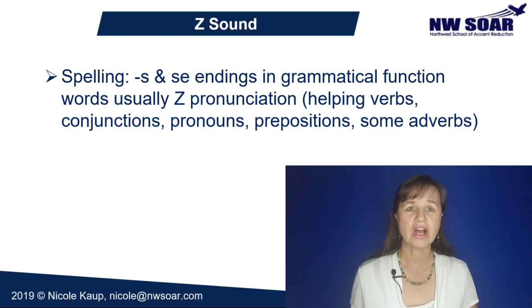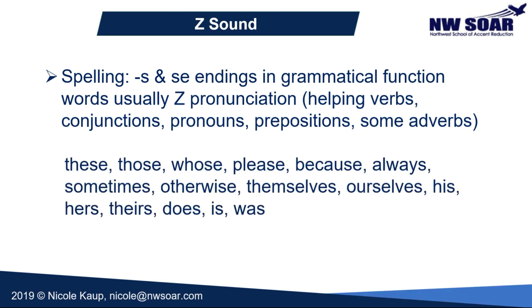So grammatical function words ending in S or SE are usually pronounced Z. Examples of those include these, those, whose, please, because, always, sometimes, otherwise, themselves, ourselves, his, hers, theirs, does, is, and was.